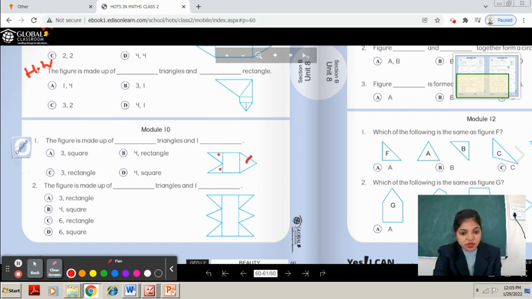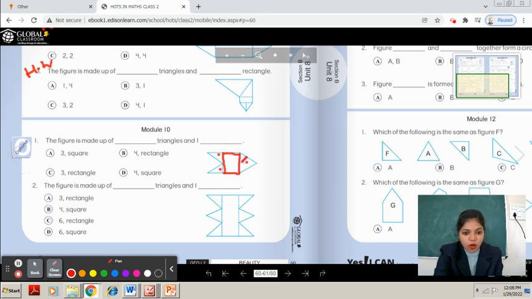There are 3 triangles and one dash. So you can see this side is equal to this side and this side is equal to this side. Meaning the opposite sides are equal. So what is this? This is a rectangle, right?